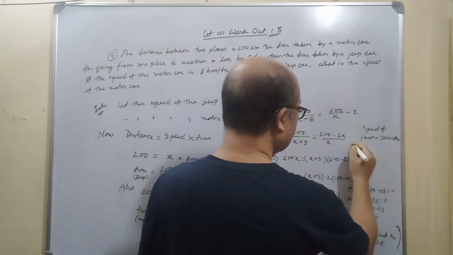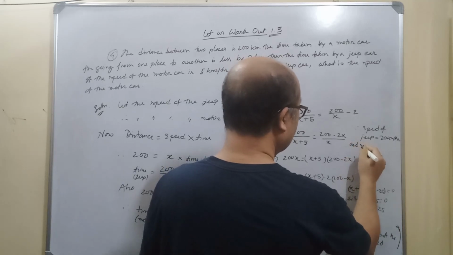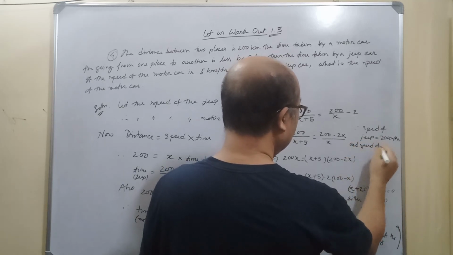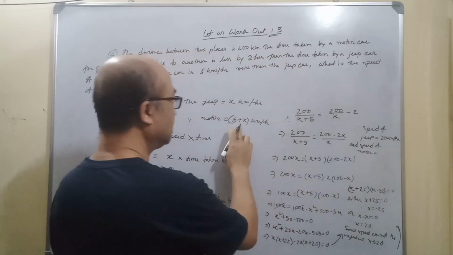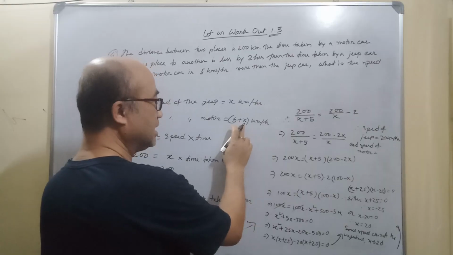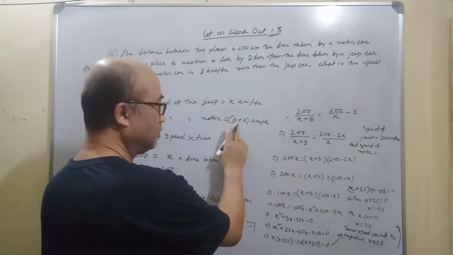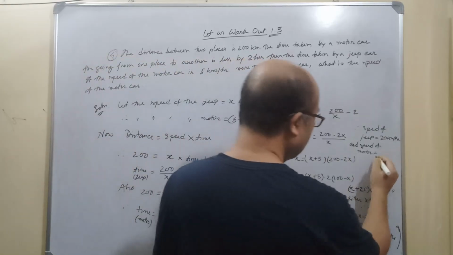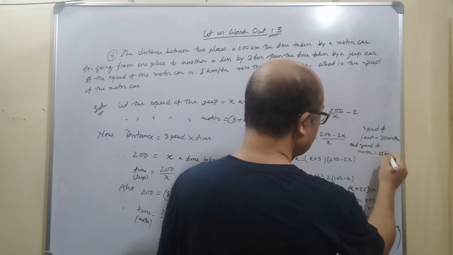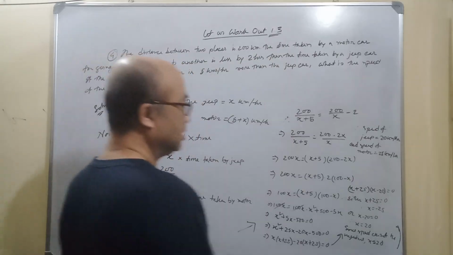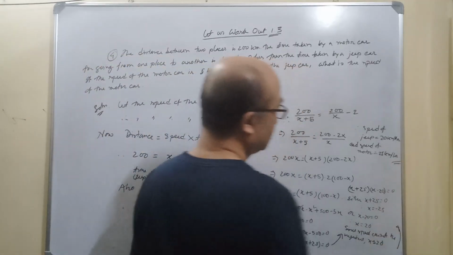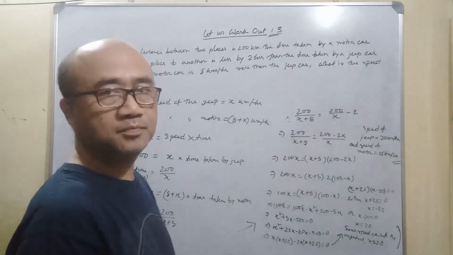And the speed of motor is 5 plus x kilometer per hour. What is x? x is 20. So 5 plus 20 is 25 kilometer per hour. So that is your solution.